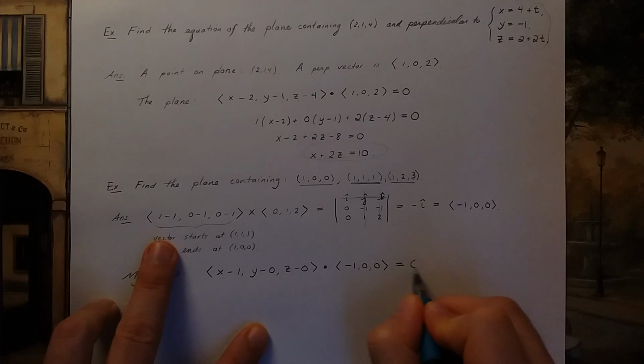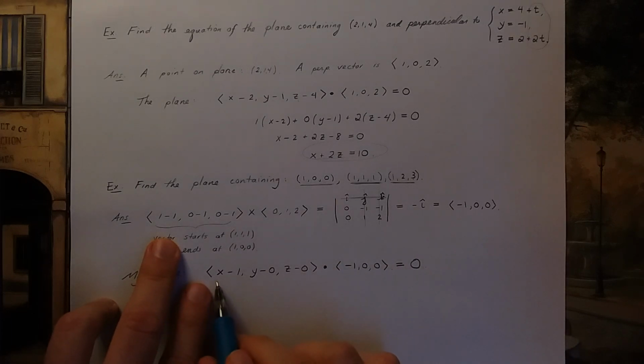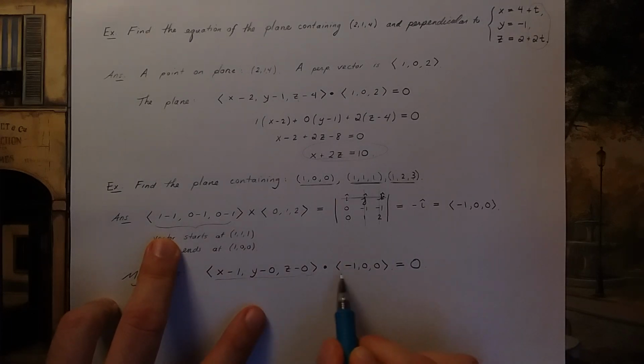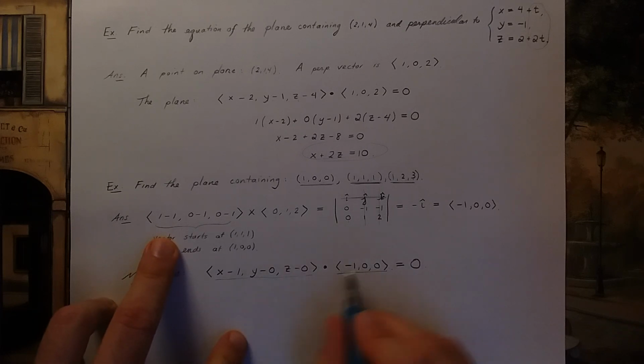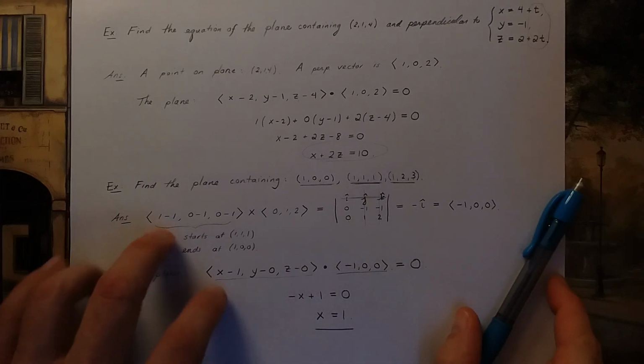That should equal 0 because this is a vector in the plane and this is a vector perpendicular to the plane. So the equation for the plane would be -x plus 1 equals 0, taking the dot product, or x equals 1. Okay, wonderful.